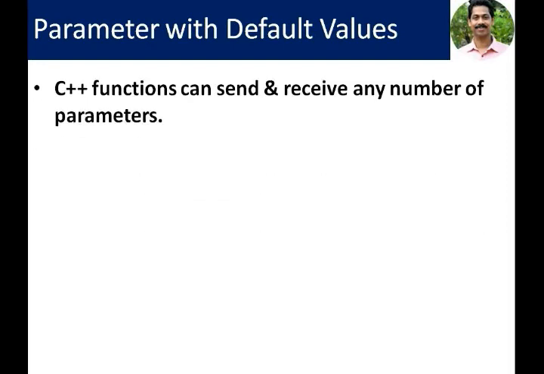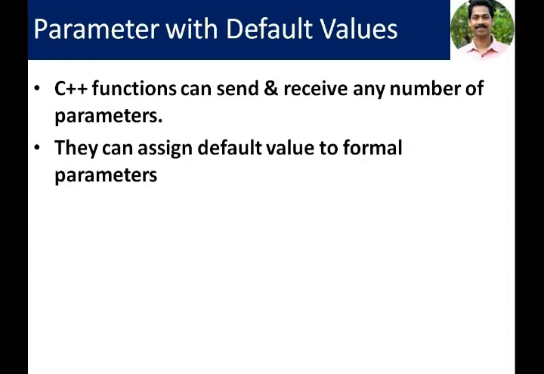Next is parameter with the default values. C++ function can send and receive any number of parameters. They can assign default value to formal parameters. Actually, formal parameters are the variables declared in the function heading during function definition.